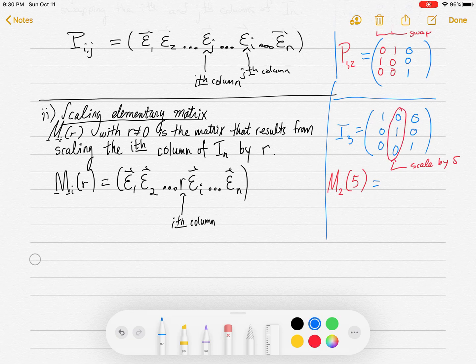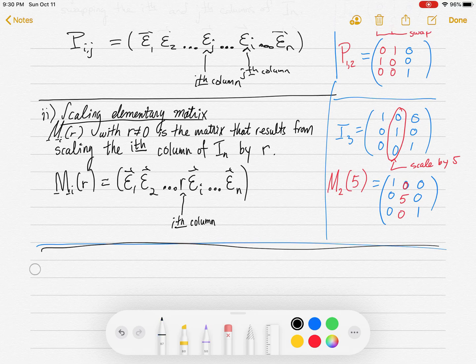Basically, I am going to take this second column and scale it by 5. So the first column stays 1, 0, 0. The second column we multiply by 5, and we get 0, 5, 0. And the third column stays the same, 0, 0, 1. So there we have it, M2 of 5. That is our scaling elementary matrix.